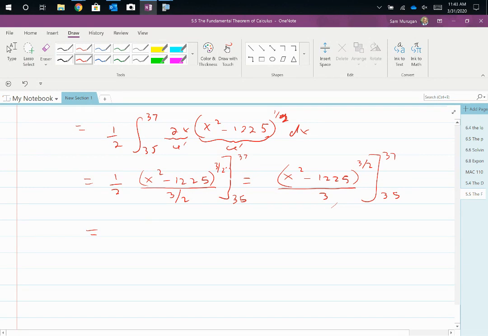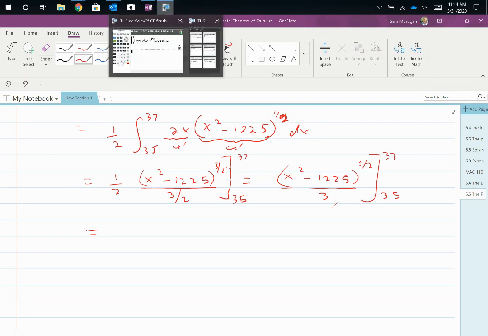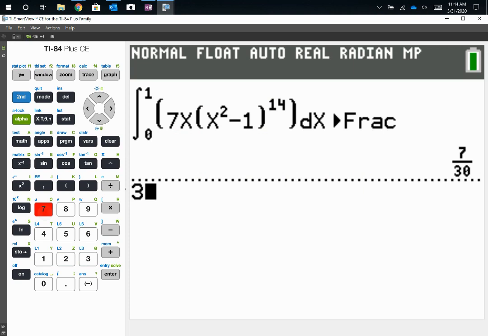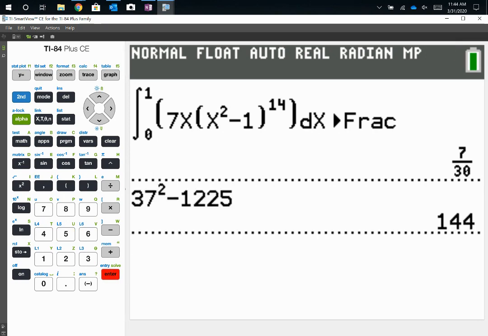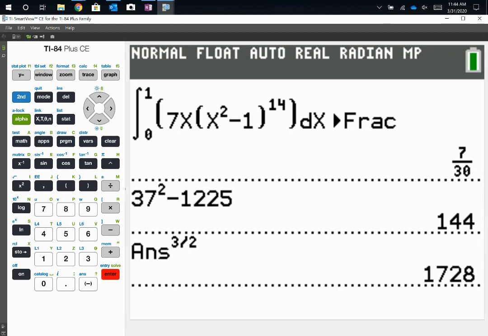Let's see, x squared, so 35 squared minus 37 squared minus 1225 gives 144, and then we're going to take that to the power 3 divide 2 to give 1728.